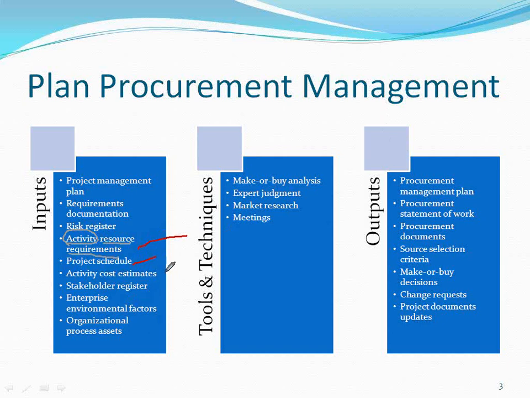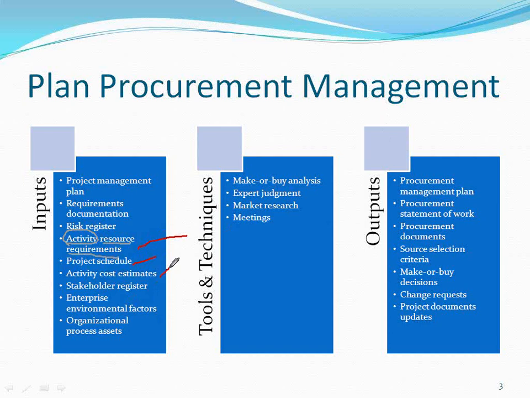Activity cost estimate. Cost also will decide sometimes. If you do it yourselves, it will be very cheap, economical. Sometimes if you buy from outside, it will be economical. Instead of doing it in-house, better we buy from outside. So the cost estimation also will decide whether to buy or build it in-house. Stakeholder register.